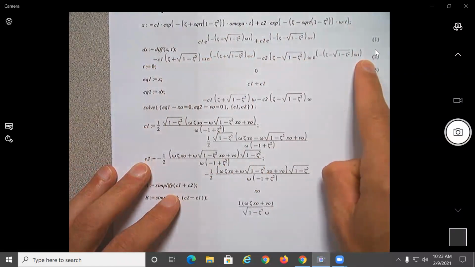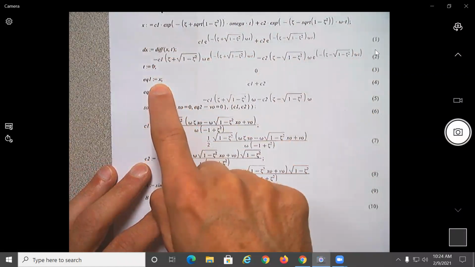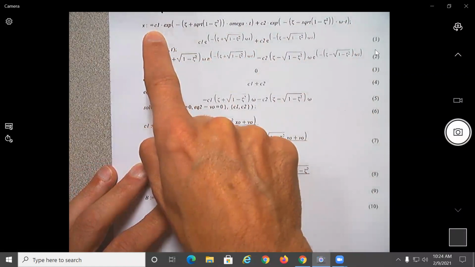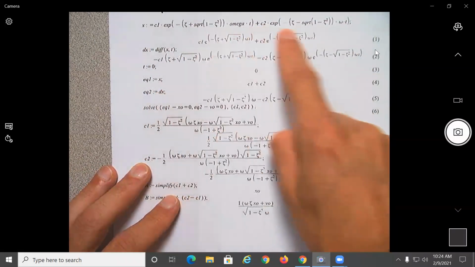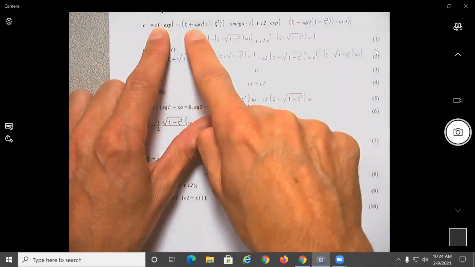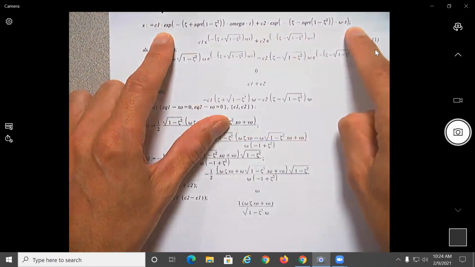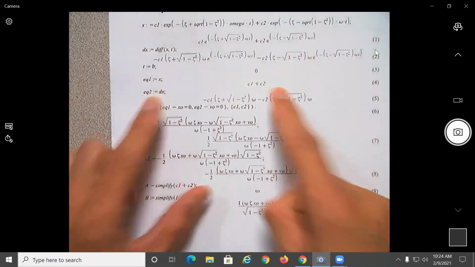Now, if I apply t equals 0, this is equation 1. When you substitute t by 0, you multiply everything by 0, so you have 0 plus 0. The second equation is just going to give you C1 plus C2.